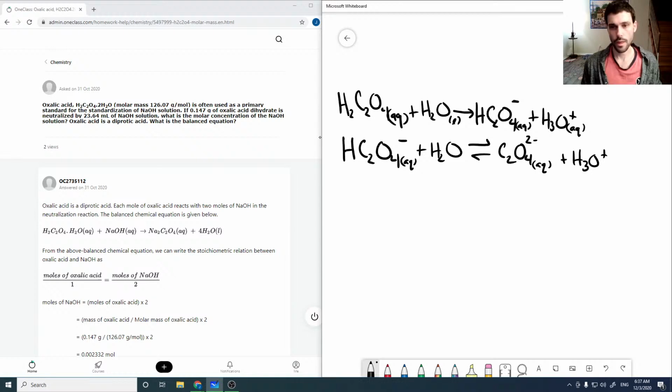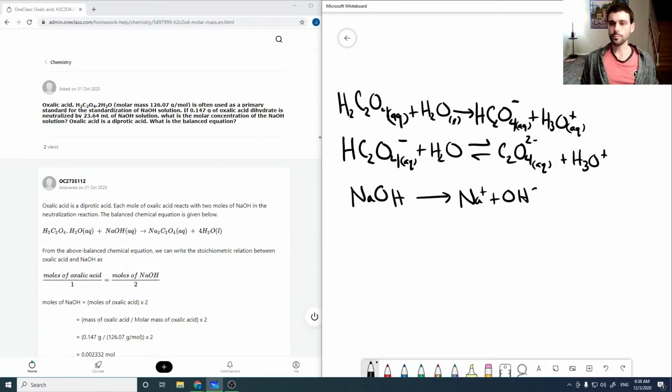Okay, and then for our NaOH solution, NaOH is a strong base, so NaOH is going to completely dissociate into Na plus OH minus.